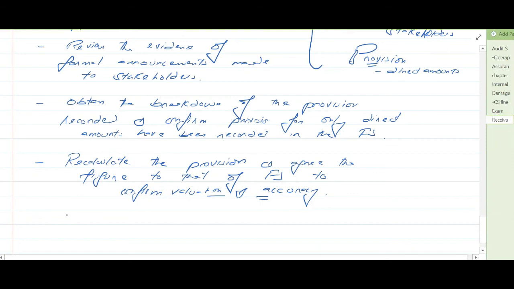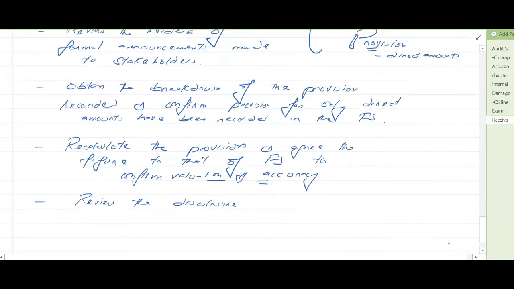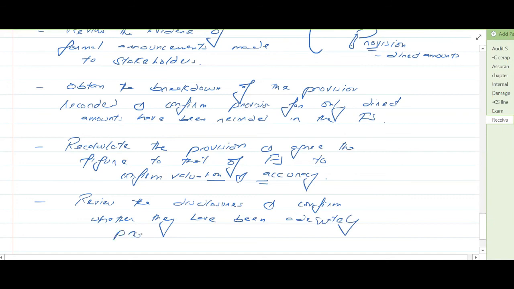Now, similarly, you can write other simple procedures: review the disclosures or notes to the financial statements to confirm adequate disclosures have been provided, and confirm whether they have been adequately provided according to IAS 37, or you can write according to relevant standard.